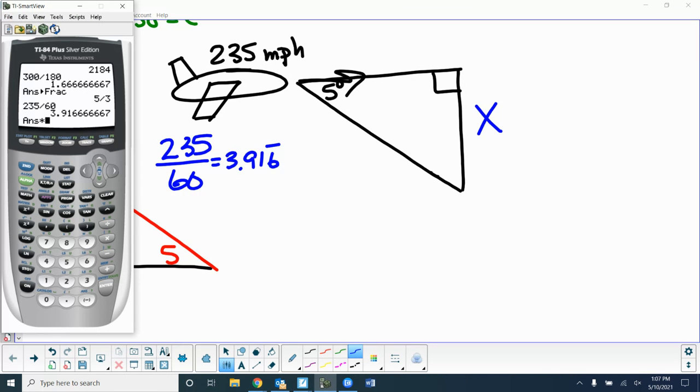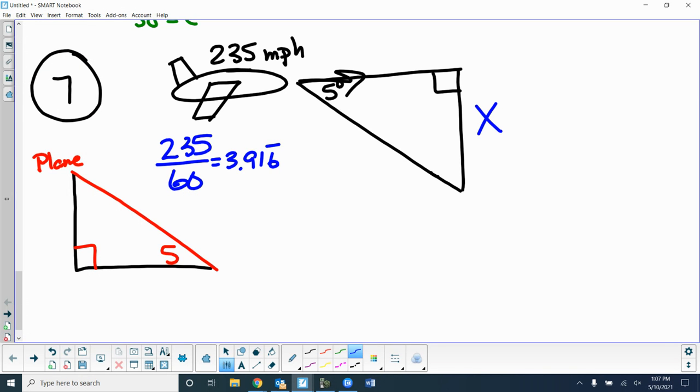Times 3, right? So it traveled in those 3 minutes 11.75. Did it travel this way in 3 minutes, or did it travel kind of along this way for 3 minutes? Because it was going down a little bit, right? So this would have been my 11.75.